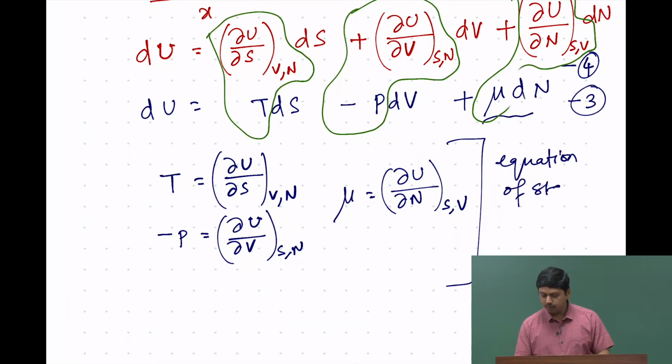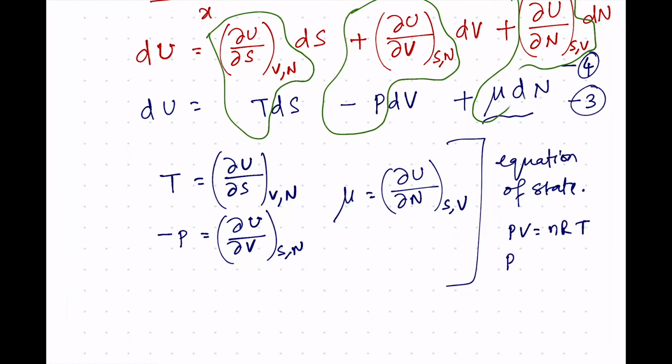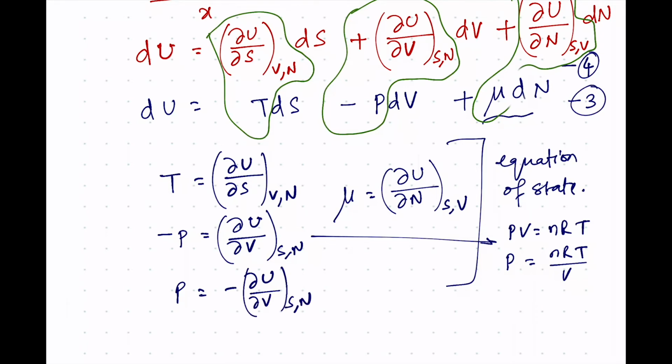You can see equation of state, remember our PV = nRT for the ideal gas equation of state. I could have written that as P = nRT/V, and this P = nRT/V resembles this particular equation P = −du/dV at constant s and n. So, basically we are talking about the same thing: minus du/dV is nothing but nRT/V for an ideal gas.